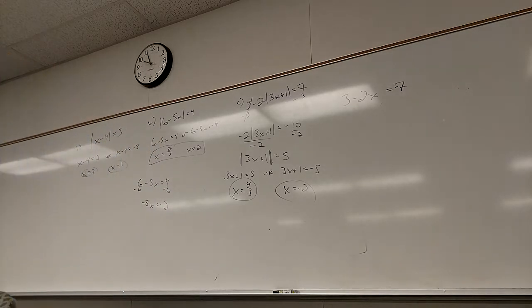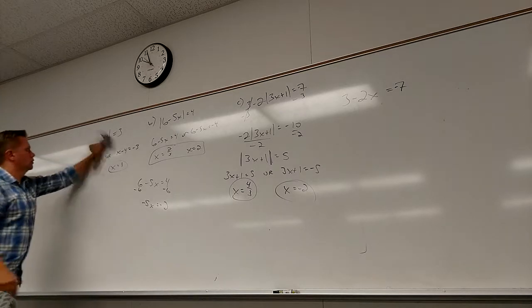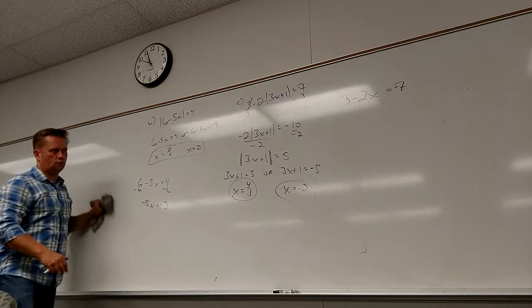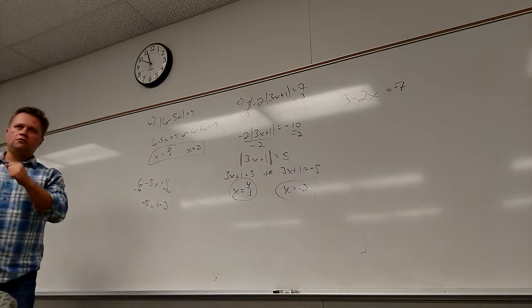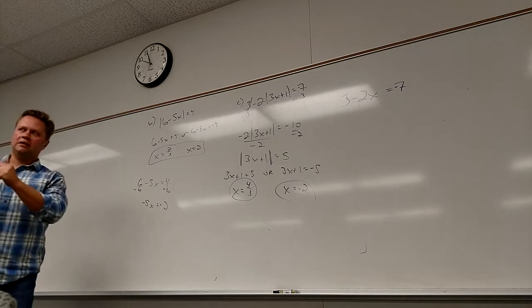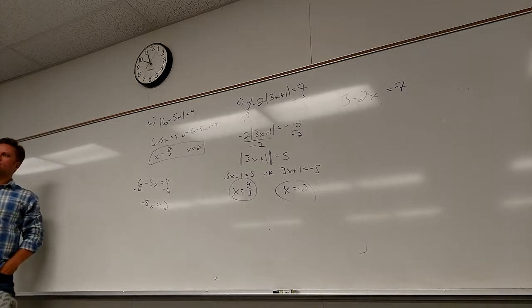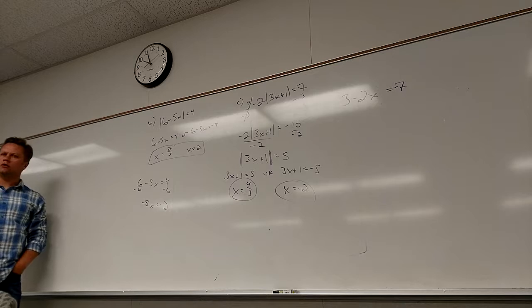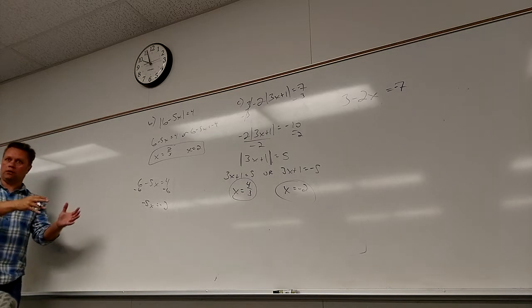All right. Jeff, yes. Could you have distributed the negative to? Because I did it that way and I got the same answer. Yes, you can. I try to tell you not to do that because there are situations where that will mess you up, it'll make it harder than it needs to be, or it won't even be really allowed if you try to do it the other way.